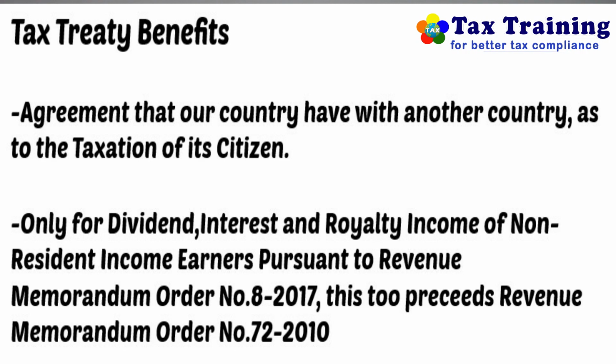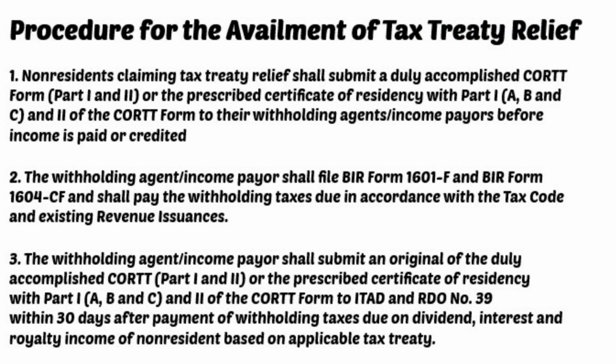Okay, so ano po yung procedure? Paano natin i-avail itong tax treaty benefits para magkaroon tayo ng lower rate of taxes. So, for non-resident claiming tax treaty relief, he shall submit a duly accomplished CORTT or Certificate of Residency for Tax Treaty.